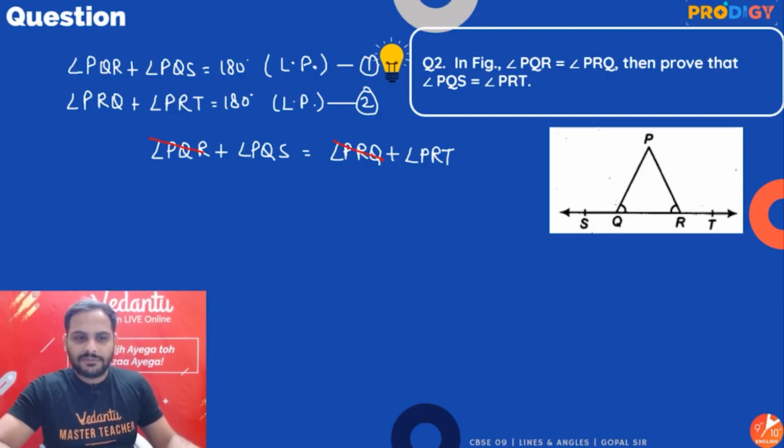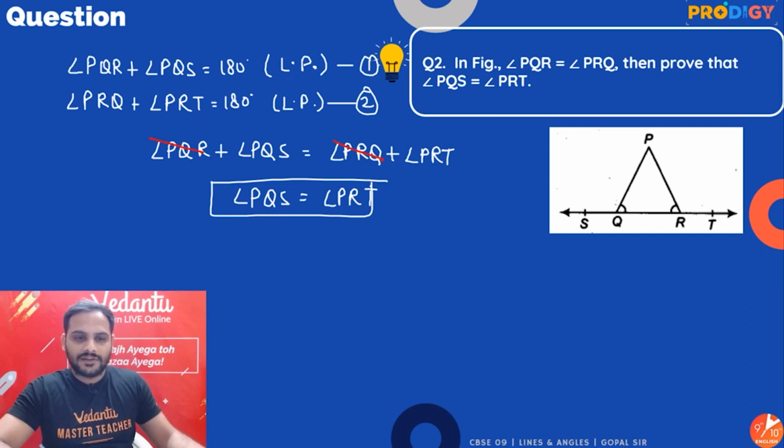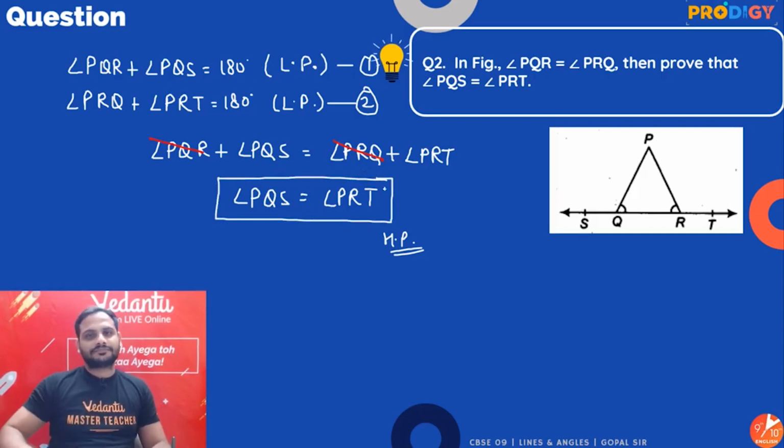They will be subtracted. So now we have got angle PQS is equal to angle PRT. Okay? And this is what we wanted to prove. So I can write now hence proved as well.